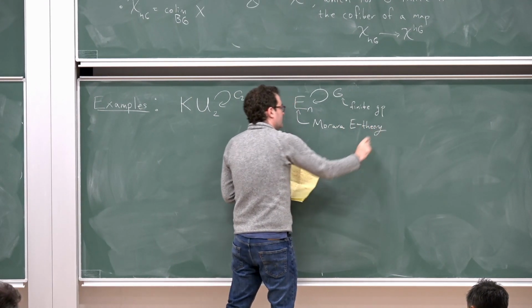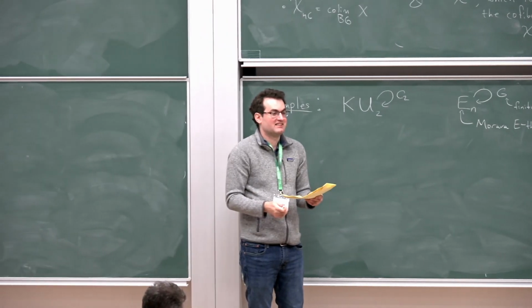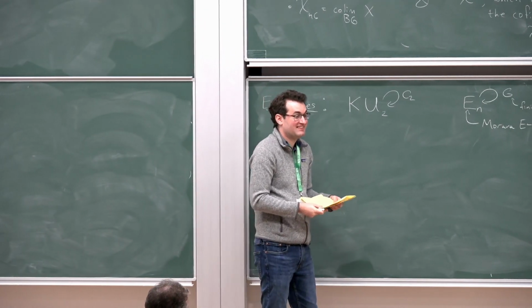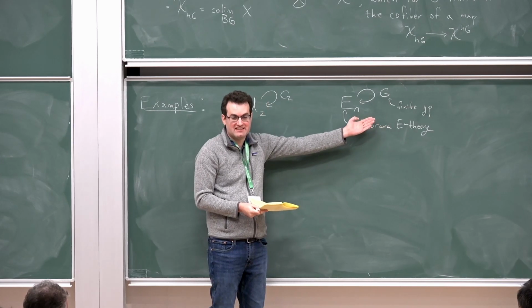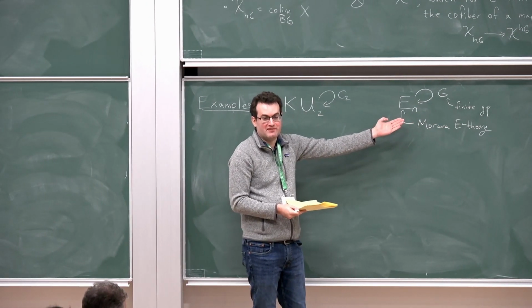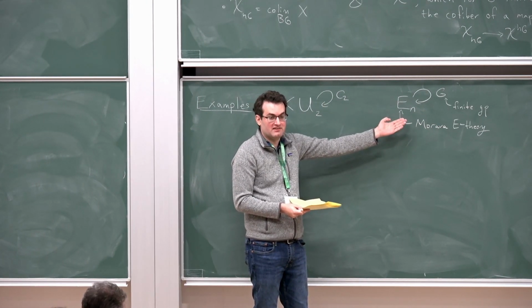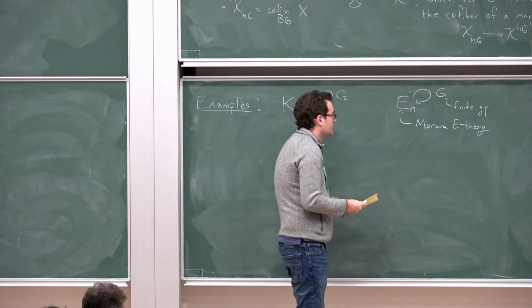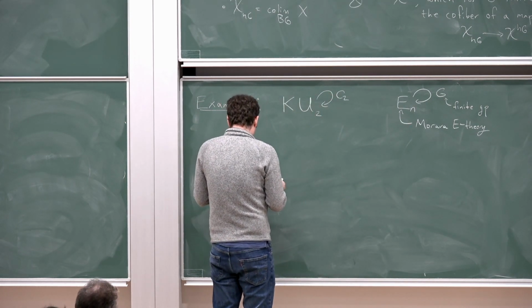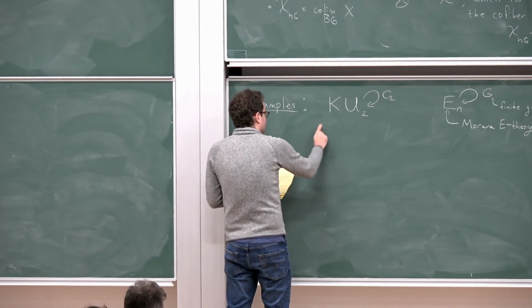So as Vesna may explain, I feel like a lot is being put on Vesna here. These E-theories with finite group actions are the basic building blocks from which one can build the K(n)-local sphere and then eventually the sphere itself. Okay, so I was very interested in these.